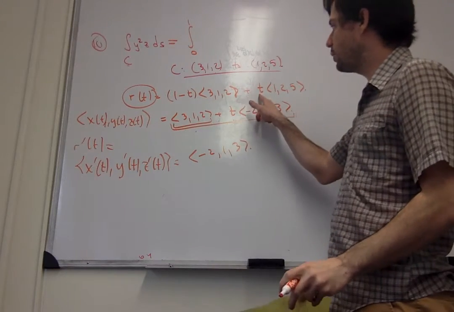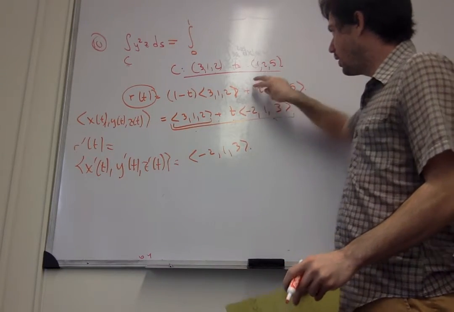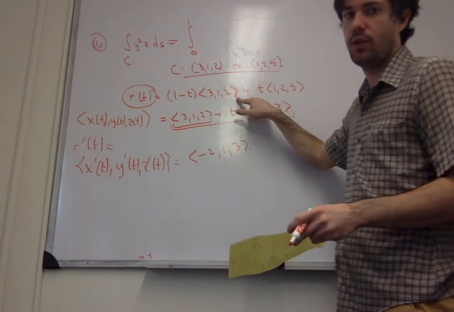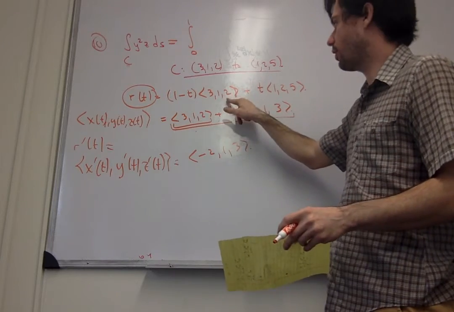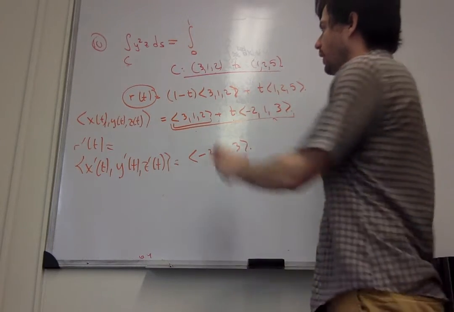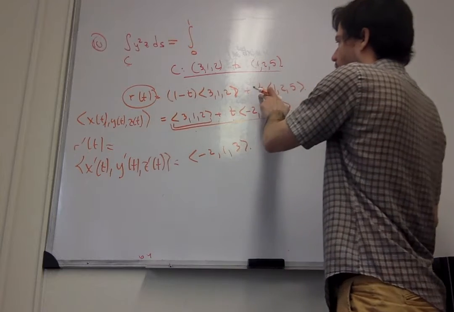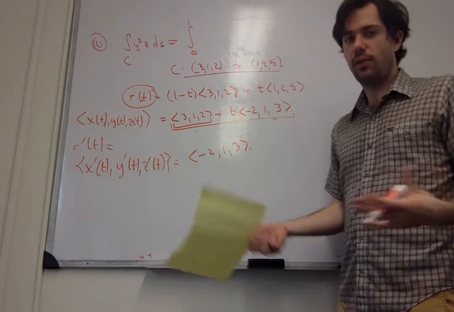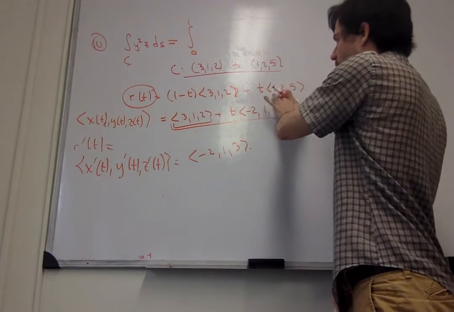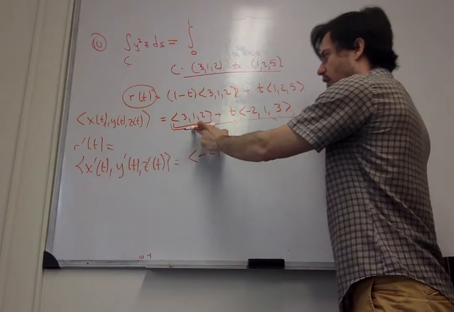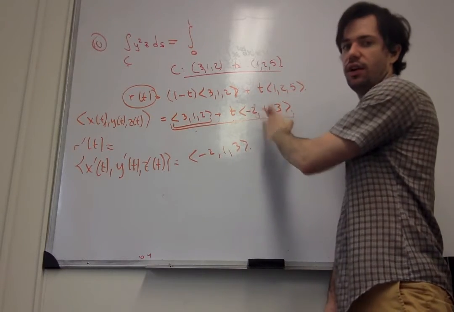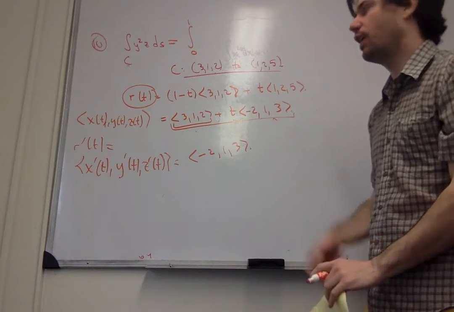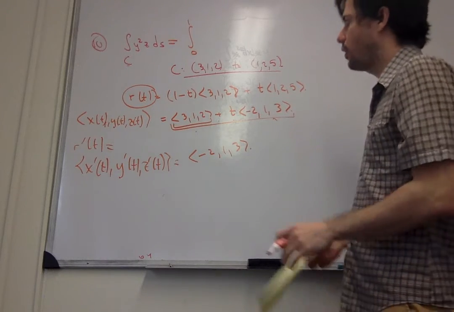If I plug in t equals 0, then 1 minus 0 is all (3, 1, 2). That's all it is, that vector. If I plug in t equals 1, it's going to kill off that vector, and it's going to be only this vector, (1, 2, 5). So there are two different ways to think about it: you start here, you end here, or you start here and you move in this direction until t equals 1. Hopefully I've beat that to death. You see that they're equivalent. I prefer this way.